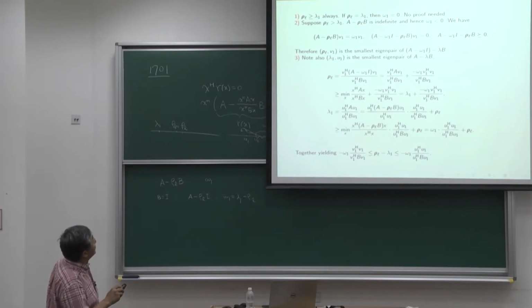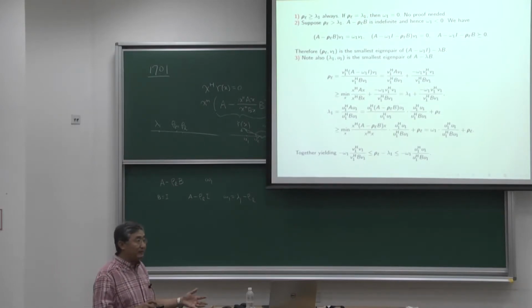All right. By definition, omega 1 is the smallest eigenvalue of that matrix pencil. So we move this all to one side: move the omega 1 V1 to the left, rewrite, and take V1 out. This is what you have. Since omega 1 is the smallest eigenvalue, this matrix is singular, yet has to be semi-positive definite.